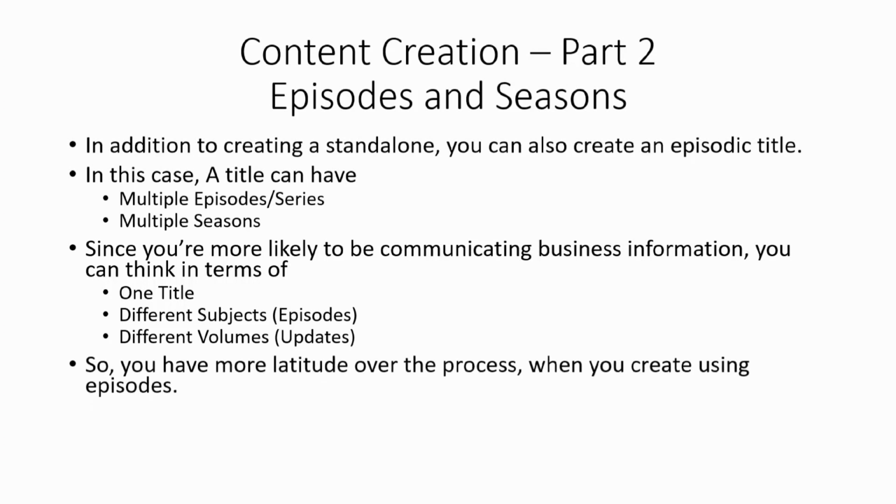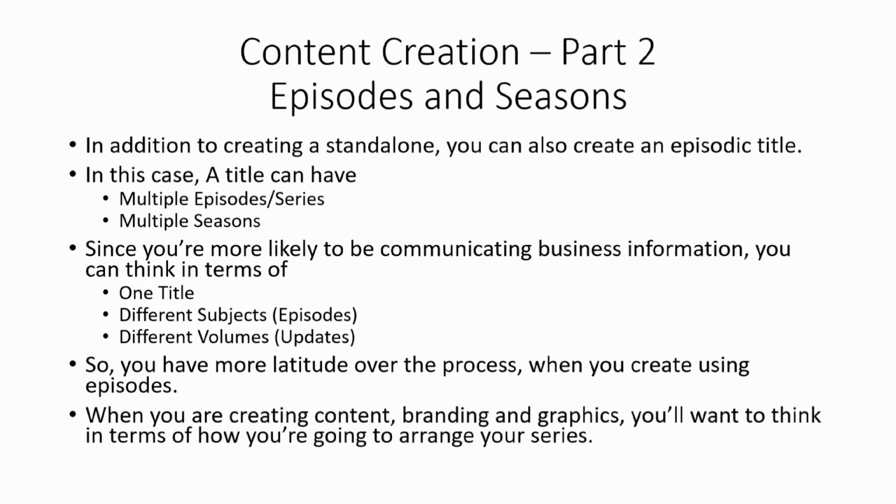So what you have here when you're using the episodes and seasons is more latitude over the process. When you're creating your content and branding your graphics, you want to think in terms of how you're going to arrange your series when you place it in Amazon Video Direct.